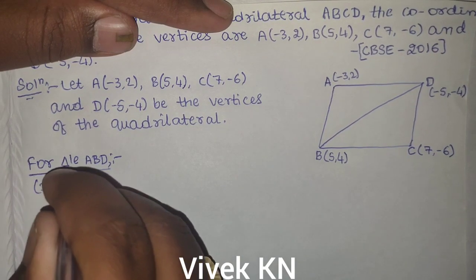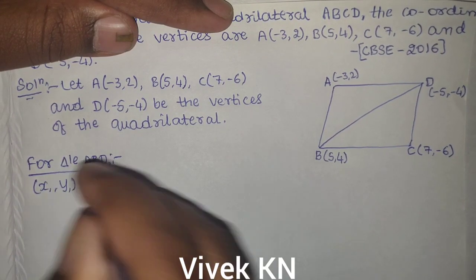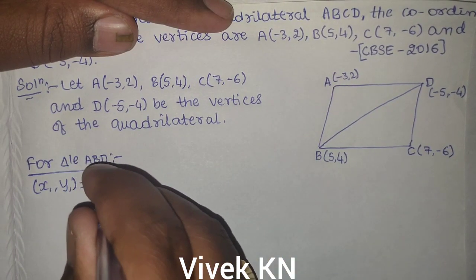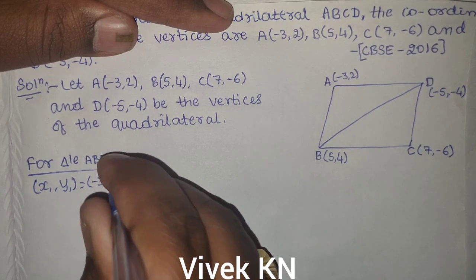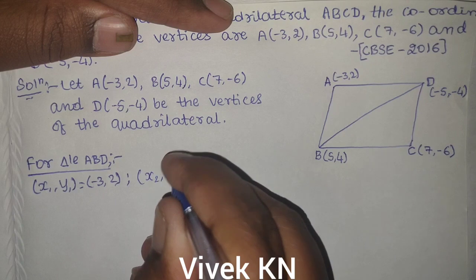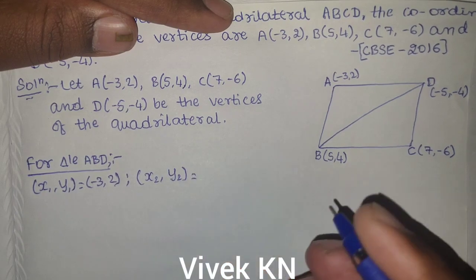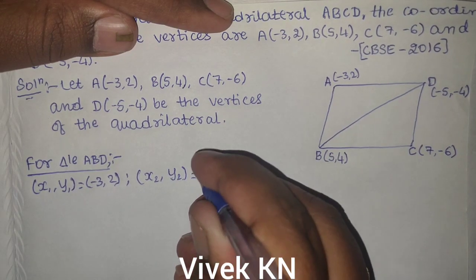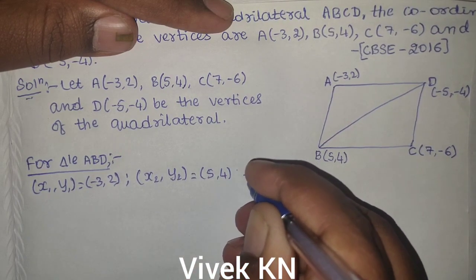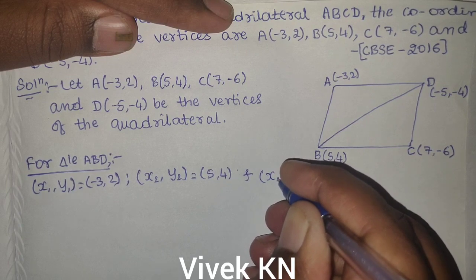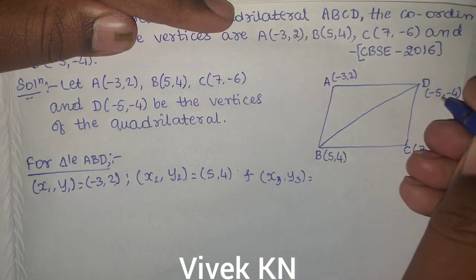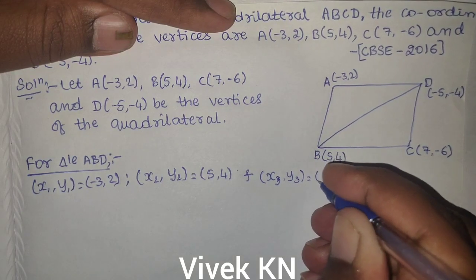So x1, y1 is equal to minus 3, 2, x2, y2 is 5, 4 and x3, y3 is minus 5, minus 4.